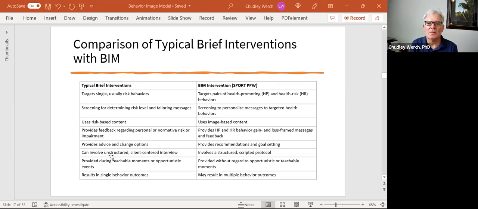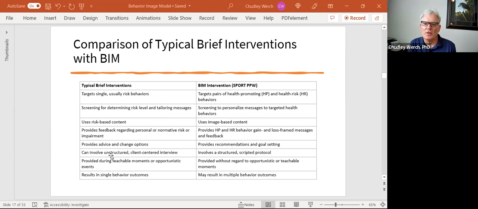To the right, the BIM, and just take, for example, our evidence-based sport prevention plus wellness program as one. This is what you have in brief interventions like sport based on BIM: it targets pairs of health promoting and health risk behaviors, screens to personalize messages. It uses image-based content.